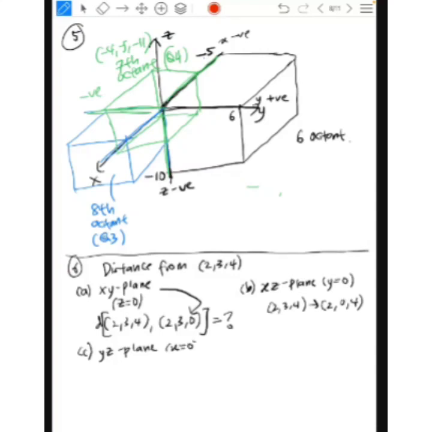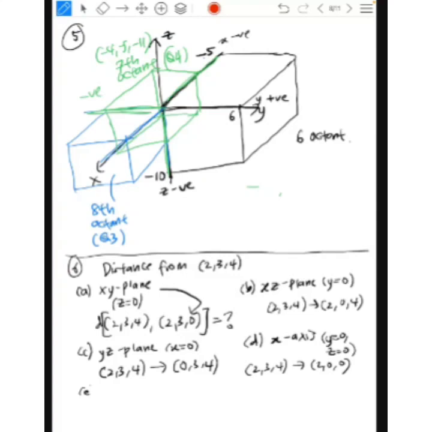So the distance from 2, 3, 4 to 0, 3, 4. And then D. D is the x-axis. On the x-axis, it only has a value of x. So y is 0, z is 0. So 2, 3, 4 to 2, 0, 0.